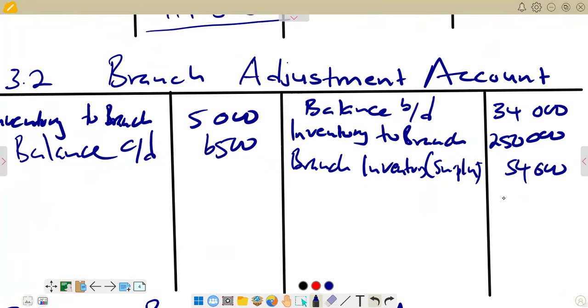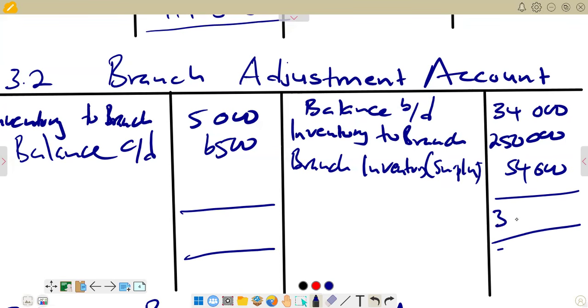So you see that even though we have entered the branch surplus, our branch adjustment account is still not equal in terms of debit and credit. If you add the total of debit and the total of credit, you see that the credit is greater, and the total of the credit is 338,000.